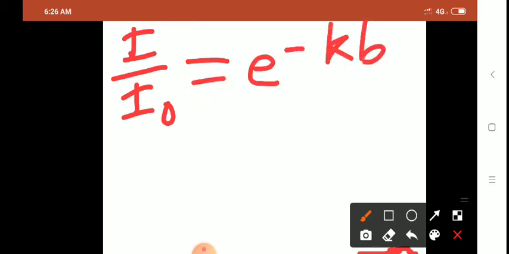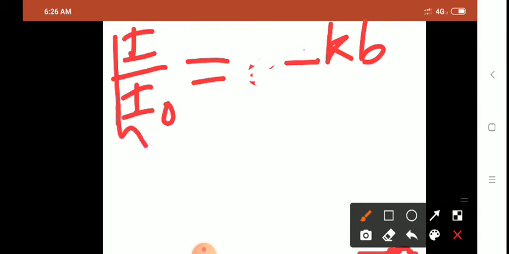So if I need to write the expression, how will I write? I upon I0 is equal to e raised to minus kb. Now I remove the term e, so it becomes minus kb. In that case you have to apply log.